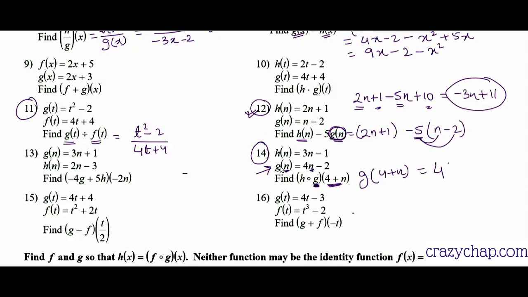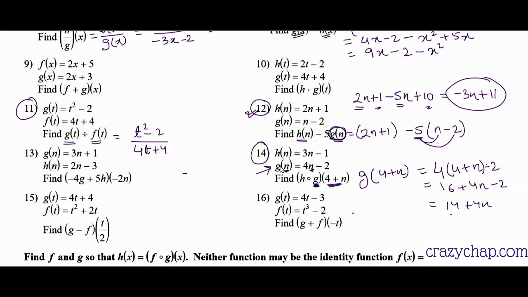So I will get 4 bracket 4 plus n and minus 2. In place of n, I just replaced 4 plus n. So 4 times 4 is 16, plus 4 times n is 4n, and minus 2. So that simplifies to 14 plus 4n. So that is my g of 4 plus n value.